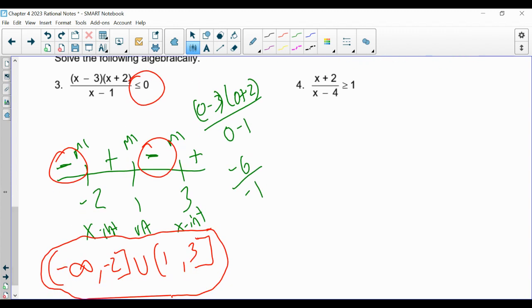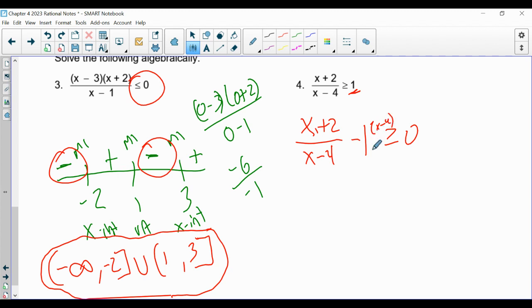And then number 4 here is throwing in something not compared to 0. So you have to compare it to 0. My first step, that's an x by the way, is subtract 1. So now I have to combine this into one term, so I have to get a common denominator.